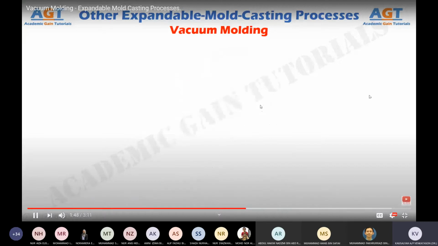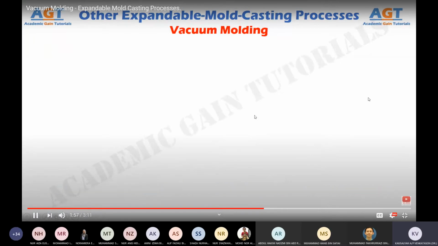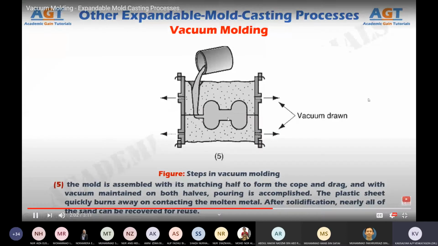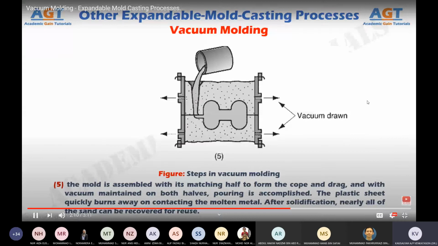Figure 4 shows the fourth step, where the vacuum on the mold pattern is released to permit pattern to be stripped from the mold. Figure 5 shows the fifth and final step, where the mold is assembled with its matching half to form the cope and drag, and with vacuum maintained on both halves, pouring is accomplished. The plastic sheet quickly burns away on contacting the molten metal. After solidification, nearly all of the sand can be recovered for reuse.